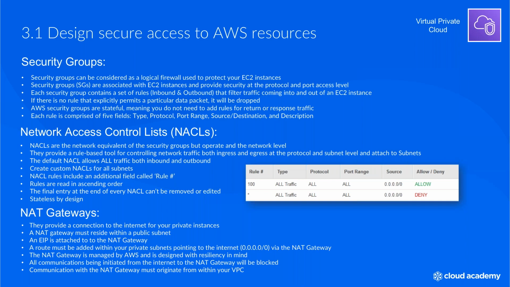So you can see this example here in the NACL, that little chart we have here, where it's allowing all traffic from anywhere, but it's not denying all traffic from anywhere. I think that's how that one's running. And so that needs to be explicitly stated. Hopefully that answers your question.